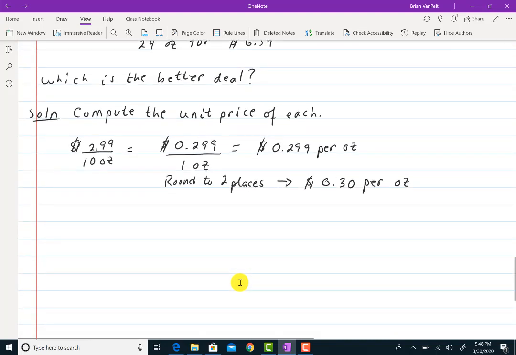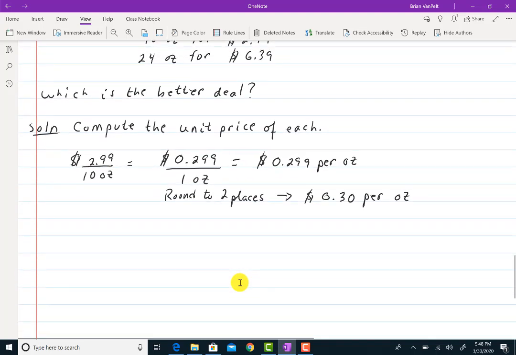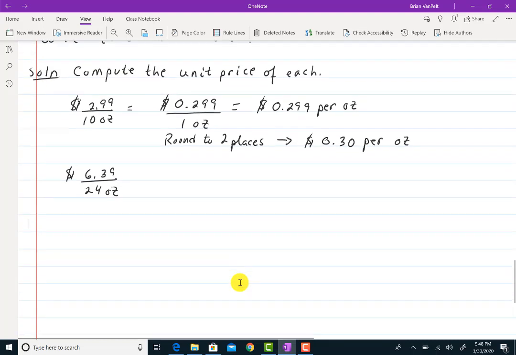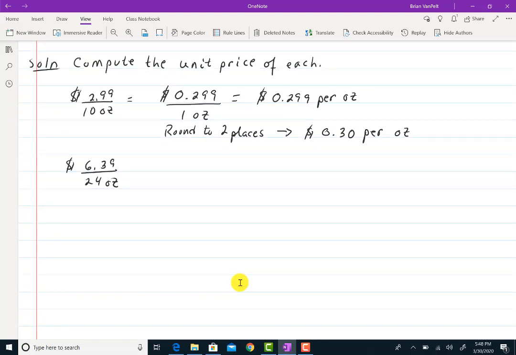Now let's take a look at the other one. The other one was $6.39 for 24 ounces. So nothing's quite as simple here as it was last time. I'm not dividing by a power of 10 or something with a lot of zeros. For this, I'm stuck with doing the long division.